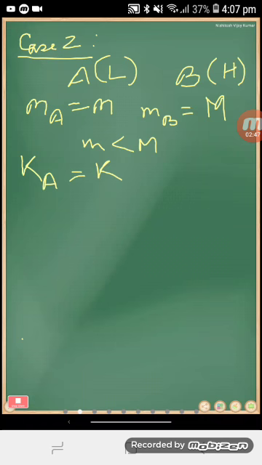Earlier we were taking the momentum to be the same. So let KA be K and KB equal to K. That means they both have the same kinetic energy.